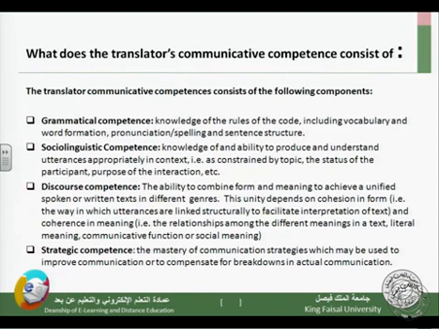This is very individualistic, so everybody has his own ways of tackling communication, especially when there is a breakdown in communication, whether it is in reading or writing. So these are the translator's communicative competences you need to be aware of when you are doing any types of translation.